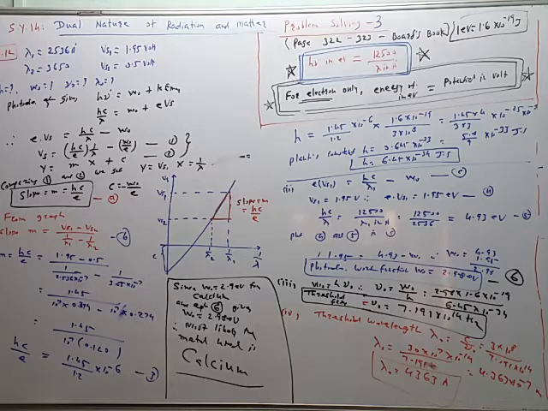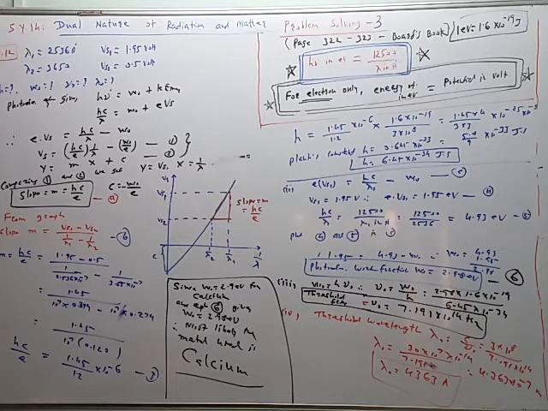Now from this value of W0 we can estimate the metal. W0 is equal to 2.9 electron volt for calcium, and our answer is 2.98. It is nearer to 2.9, and therefore most likely the metal used is calcium. So calcium is used as a photoemitter.